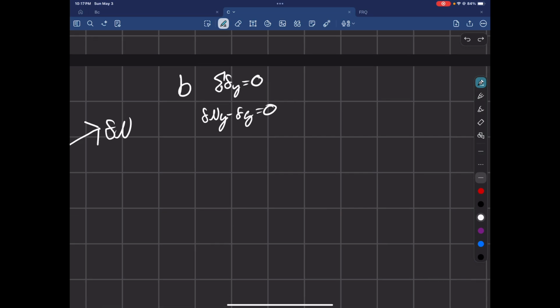So theta is from the top, so that means cosine would be the vertical and sine would be the horizontal. So we would get F_N cosine theta is equal to mg. And we just isolate for F_N, and we get F_N is equal to mg over cosine theta.